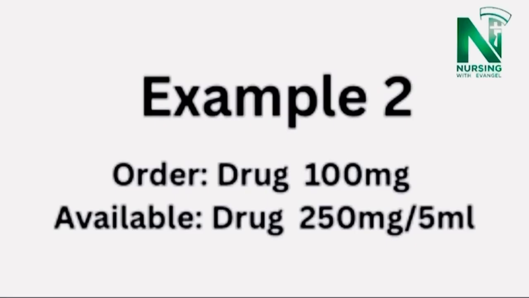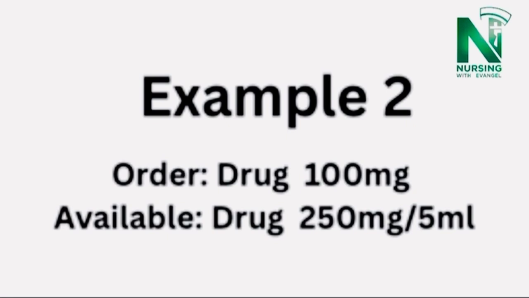Seems easy, right? Let's look at another example. This one may seem a little bit complex, but you can do it. You are to administer 100 milligrams of a particular medication, and it is supplied in 250 milligrams per 5 mil. So your desired dosage here is 100 milligrams, and the volume is 5 mil.